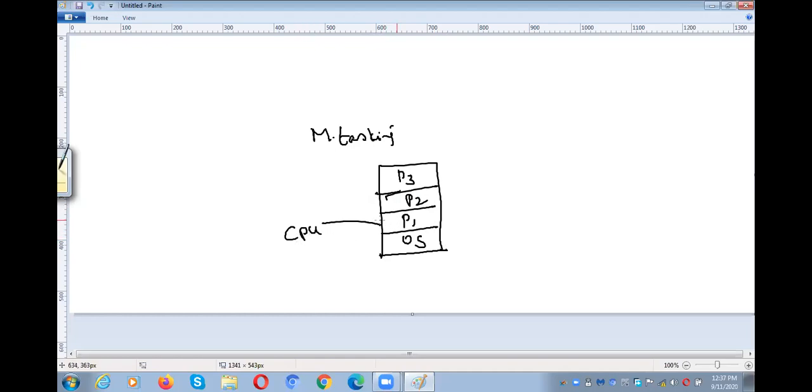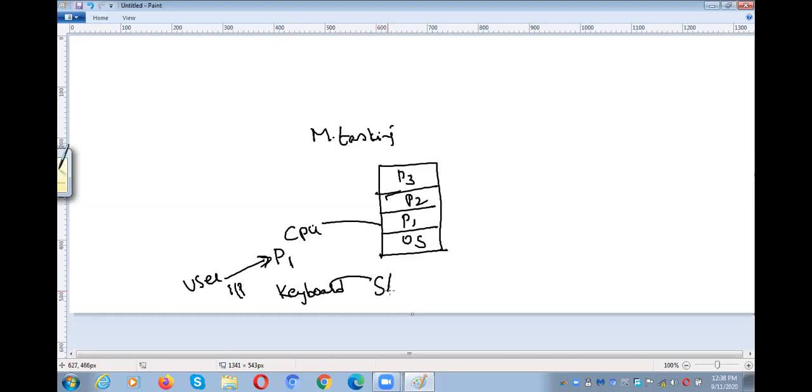For example, here we are assigning P1 to the CPU. While running, the user needs to give some input to complete the execution of P1. We need to give the information from the keyboard.